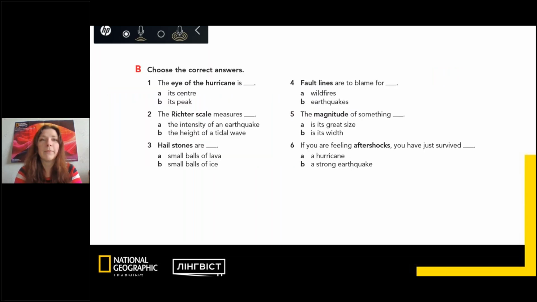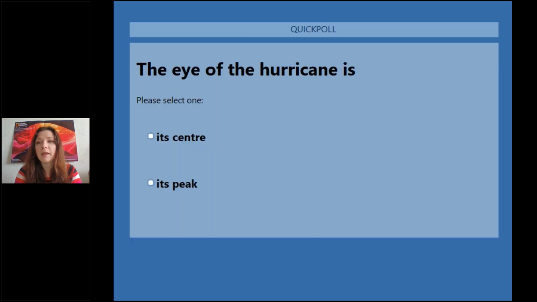Okay, good. Now the next exercise. I guess we will make it in the form of a poll. Are you ready? You need to answer the questions. So we will do it one by one.